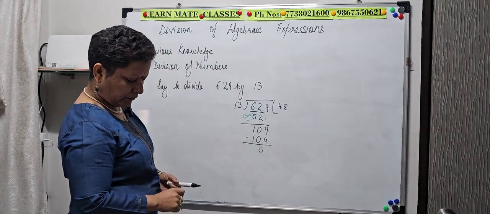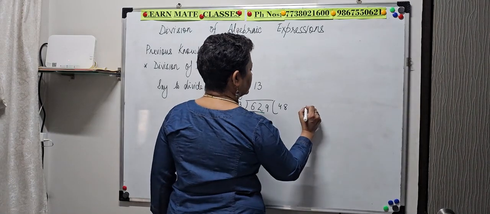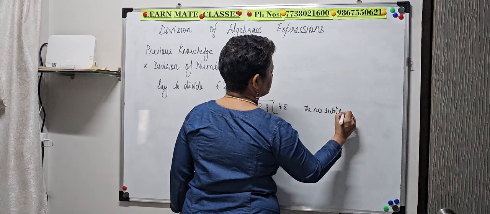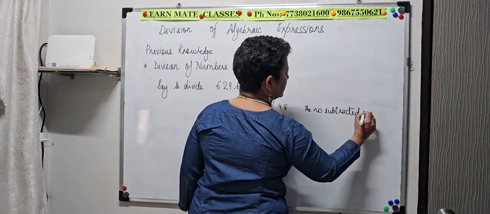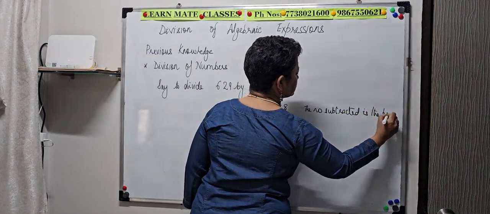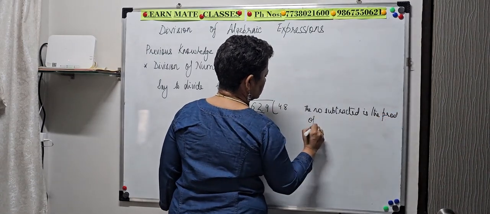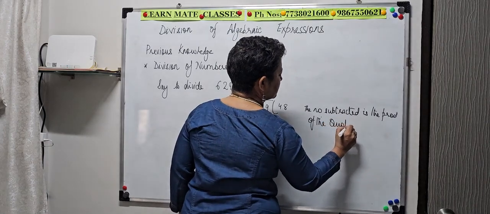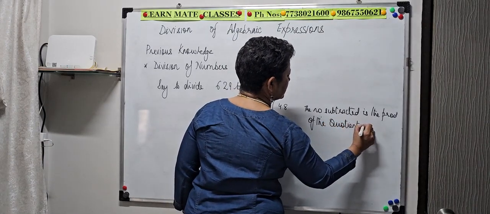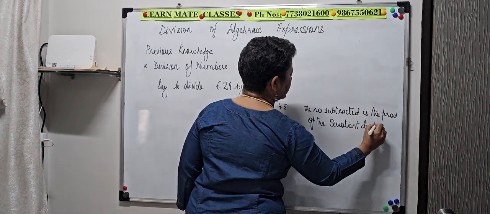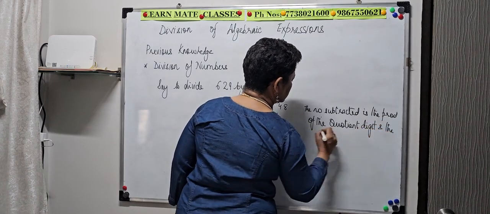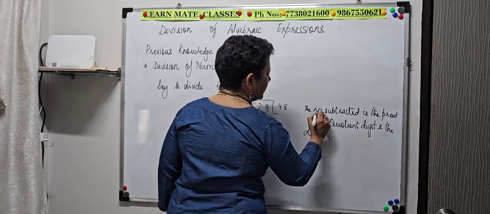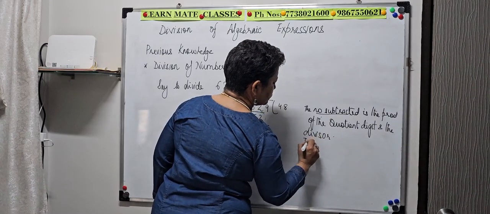So, what did we learn? 3 things. The number subtracted is the product of the quotient digit and the divisor, and it has to be subtracted.